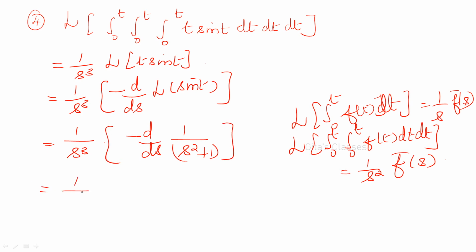That is 1 by s cube into minus of minus 1 by s squared plus 1 the whole square into 2s. Minus minus will become plus, so this is equal to 1 by s cube into 2s by s squared plus 1 the whole square, right?